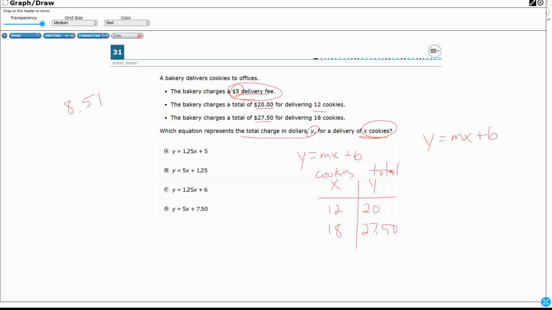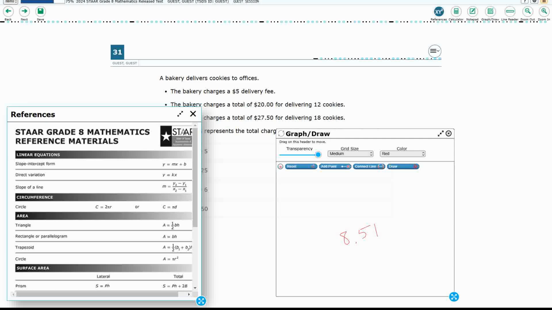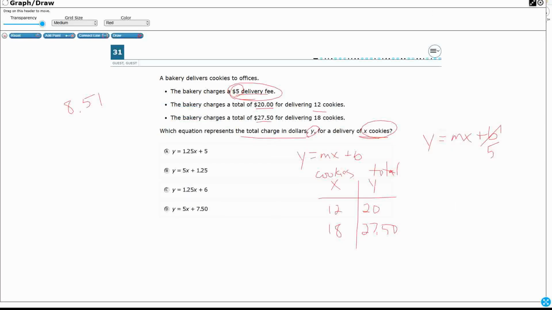So I just need to figure out what my m is. What is my slope? Well, how could I figure out my slope? Slope of a line is y sub 2 minus y sub 1 over x sub 2 minus x sub 1. Change in y over change in x. And I've got two y's and I've got two x's. So let's just label this my y1 and my x1, and then my y2 and my x2.